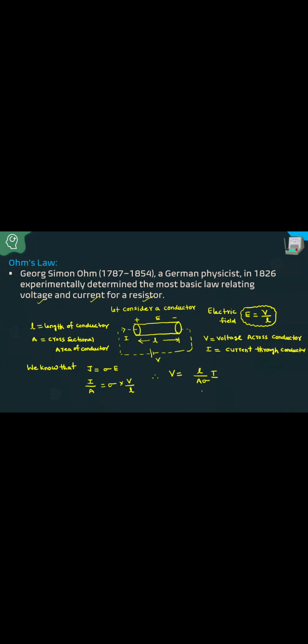Where L, A and sigma are taken as constants, L by A sigma is called R, which is given as the resistance.